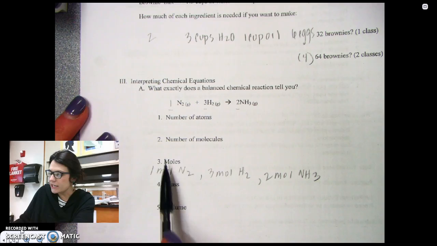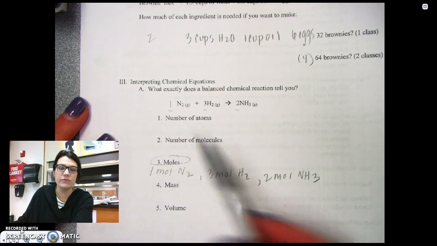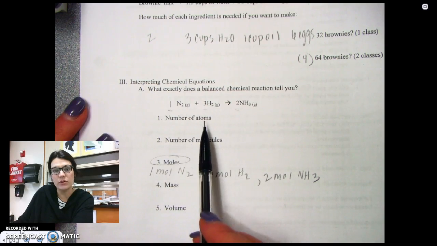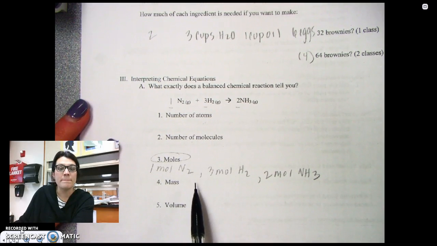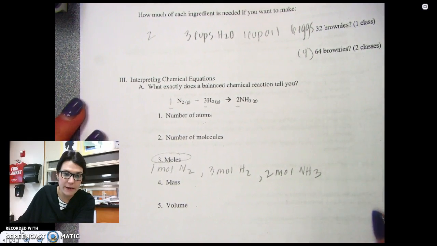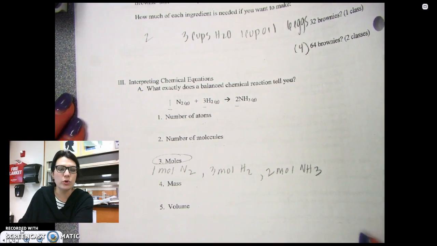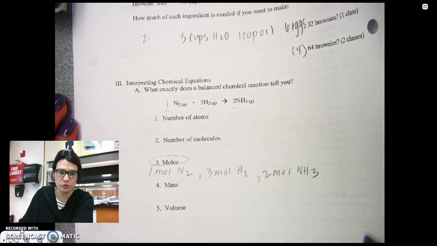And once I get moles, you know that you can convert to molecules, atoms if we had any, mass, and volume. I'm not going to walk through that step by step because we've been doing that in class pretty readily, but we'll do some more examples when we talk about what that actually looks like based off of a chemical equation.